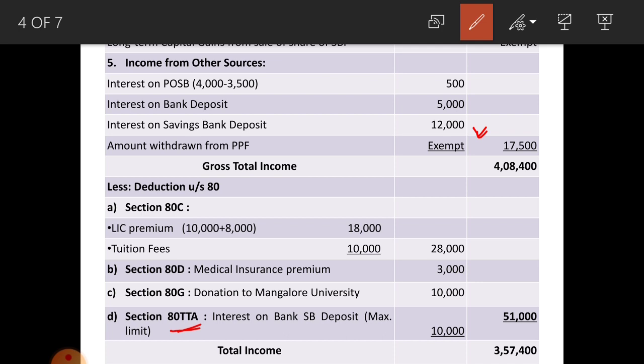Remember that difference. Don't consider 12,000 for deduction under section 80TTA, and also don't consider 10,000 for taxable income under income from other sources. Next one, amount withdrawn from PPF, that is Public Provident Fund, is exempt from tax.